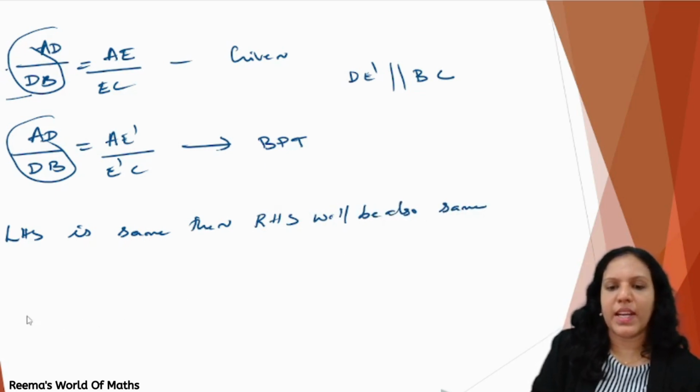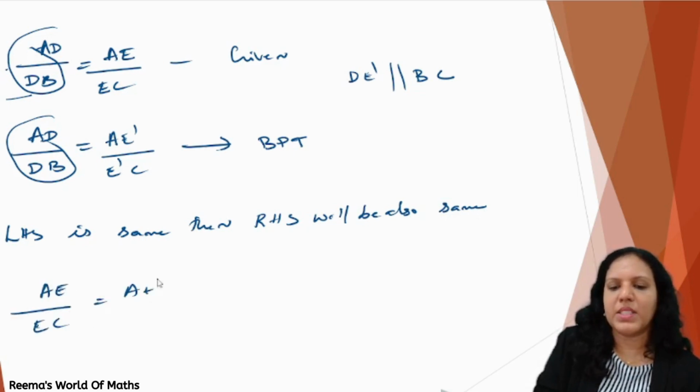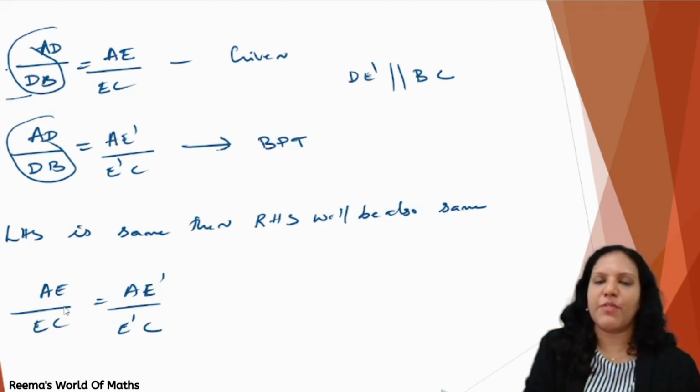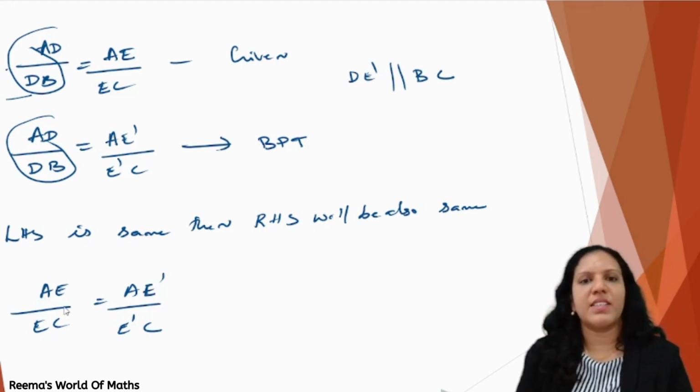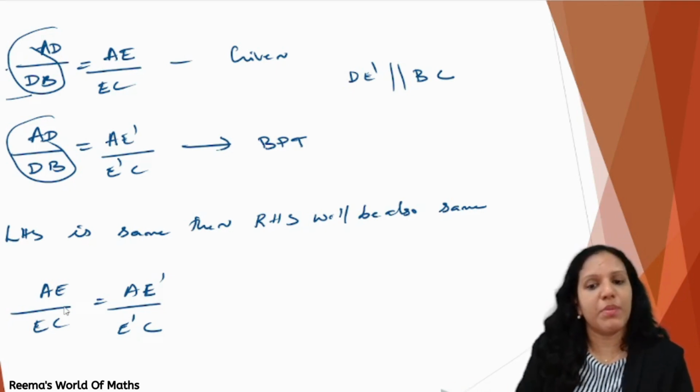So we can say the right hand side AE by EC is equal to AE dash divided by E dash C, correct? Because the left hand side was already equal, in that case the right hand side will always be equal.